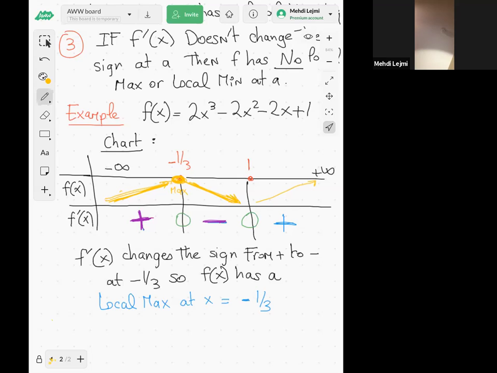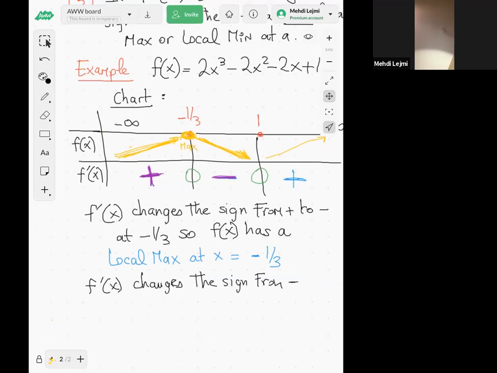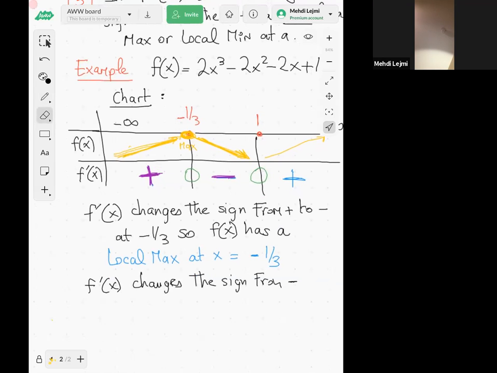Now at 1, the f prime of x changed the sign from minus to plus, right? So f prime of x changes the sign from minus to plus at +1, right?